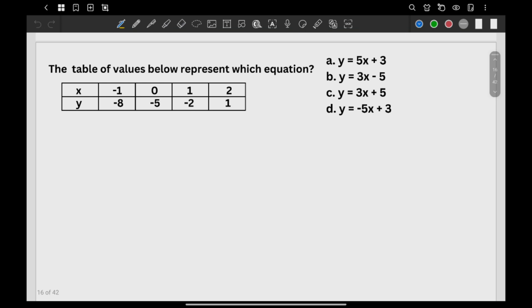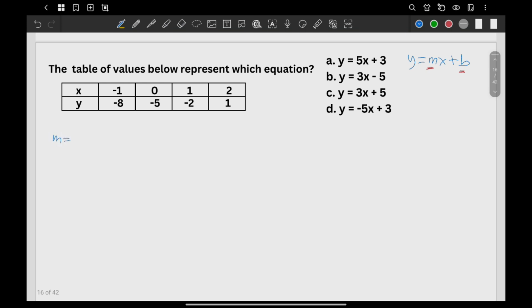The question is asking about writing an equation, and as I told you before, we follow the template y is equal to mx plus b. We need to solve for two things, m and then b. Now, what's the value of m? We need to solve. How? We can use our formula.